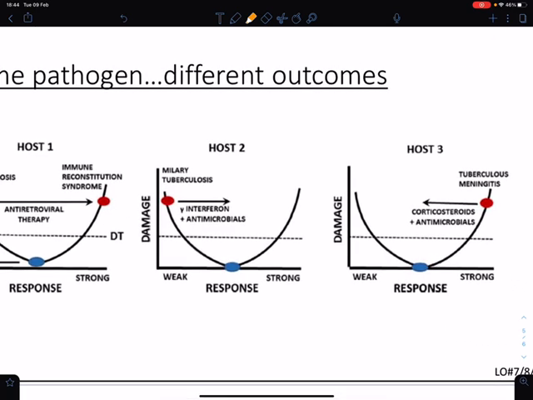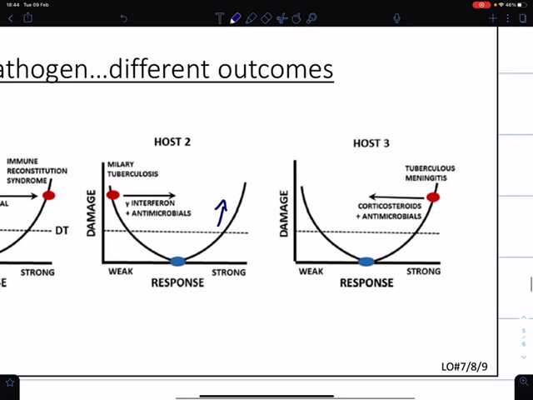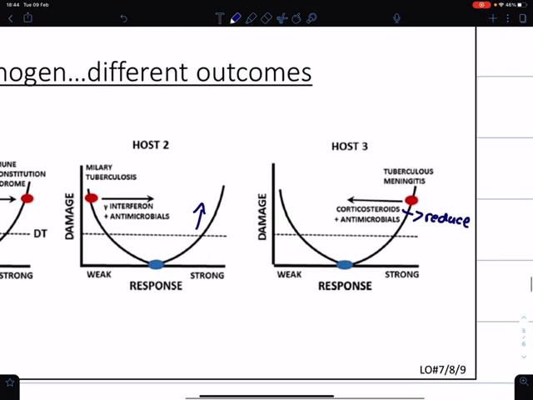Here again it's also TB, but it's treated with the right antimicrobial. This person doesn't have HIV, so in order to eliminate the TB, it will also create this host-mediated damage. Then this person will be treated with corticosteroids, which will reduce inflammation, and antimicrobials to get rid of the TB.